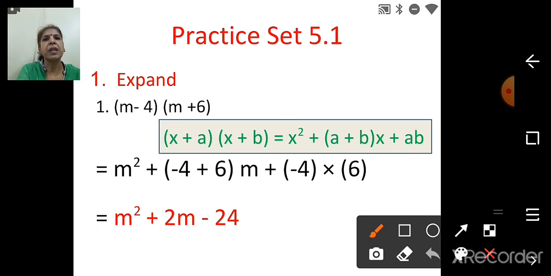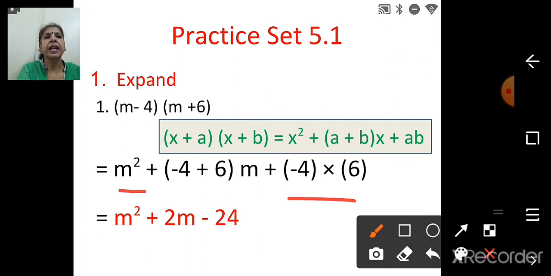Now in this formula we are going to substitute the values. When we say x square, the first term is m, square of m, and the middle sign is plus. And one more thing, children: here it is minus, here it is plus, and here it is plus. Don't get confused with these things. Just see, you are multiplying binomials where one term is common. In the formula it is x square, the square of the first term. Here plus, you have to write plus. And in the bracket we will write the terms with their signs, and accordingly the calculation will be done. So in the bracket we will write minus 4 plus 6, the whole bracket multiplied by m.